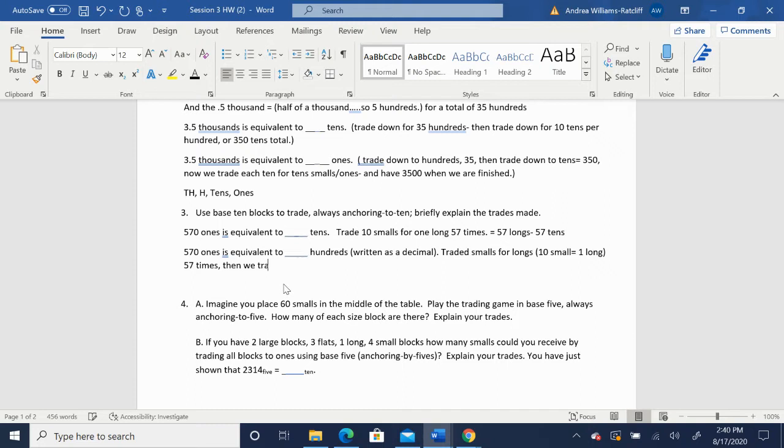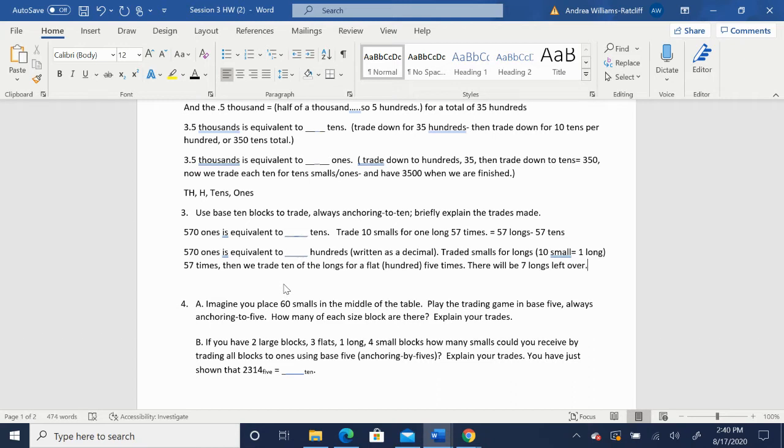Then we trade 10 of the longs for a flat, which in our case represents 100. And we're going to do that 5 times. There will be 7 longs left over.